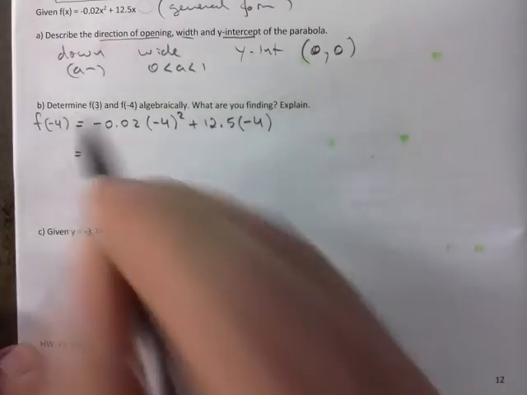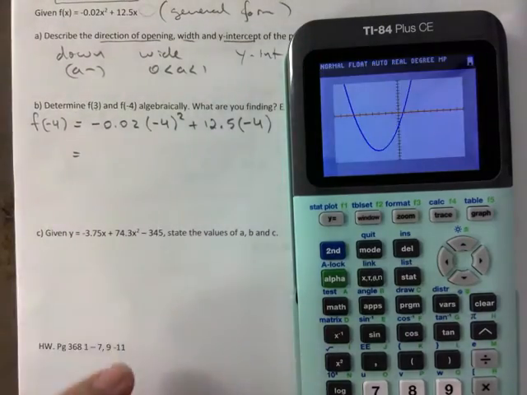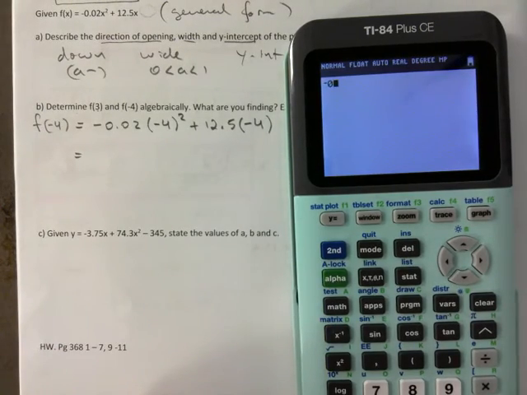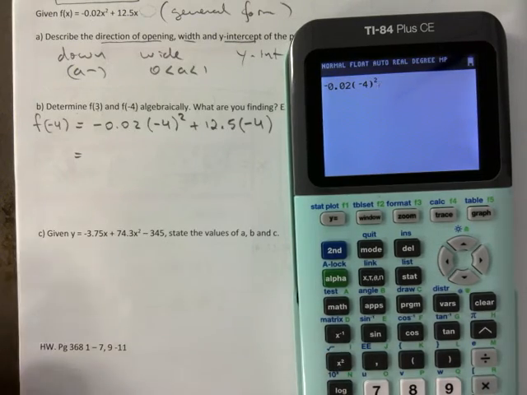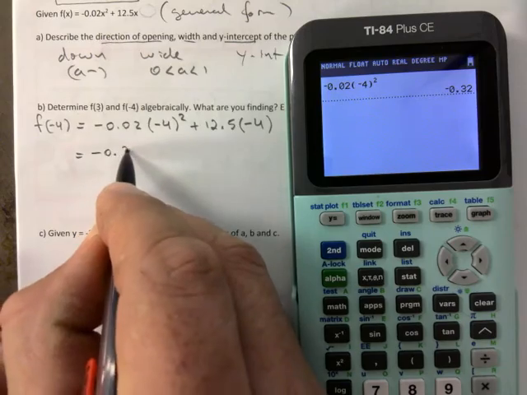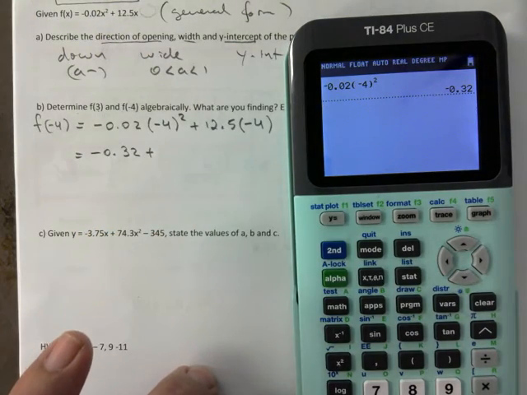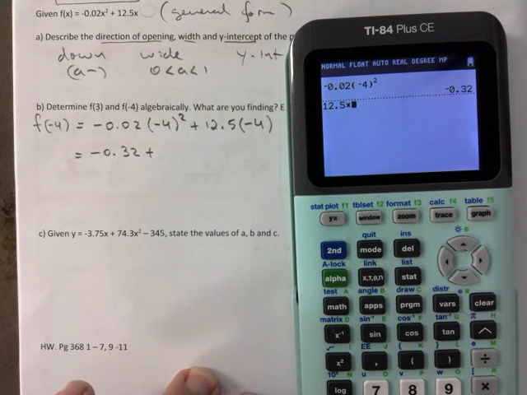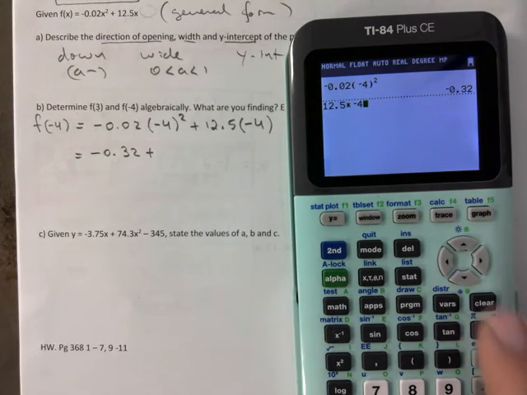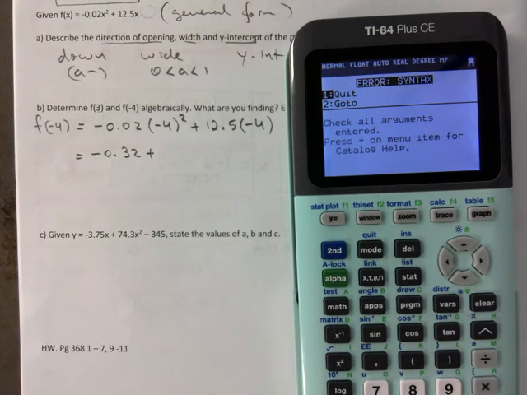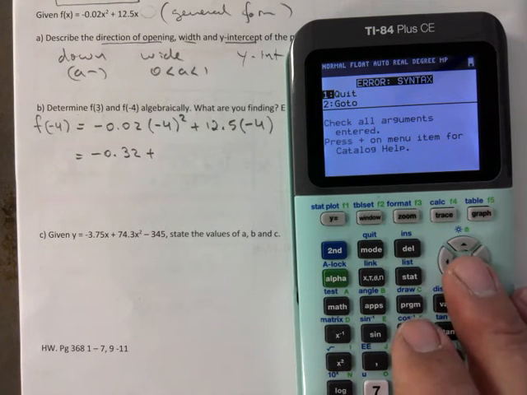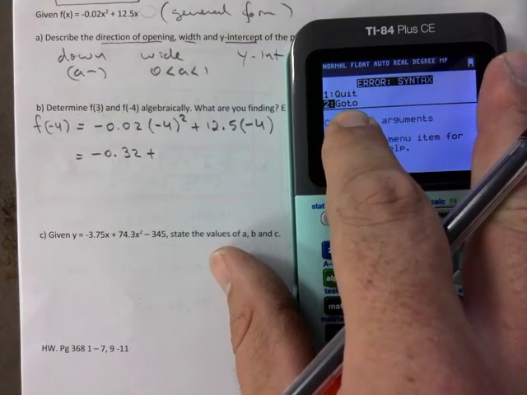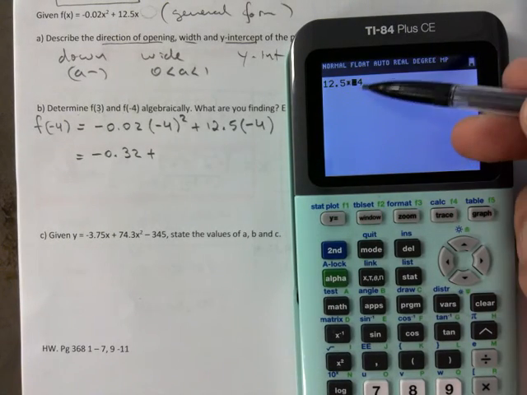And let's do this in steps. So grab your calculator. I'm going to go negative 0.02 times negative 4 squared. And that is negative 0.32 plus, on the other side, 12.5 times, you got to watch out here, you're multiplying by negative 4, not minus 4. Watch what happens if you go minus. Syntax. If it allows you to go to the mistake, it'll tell you what it doesn't like.